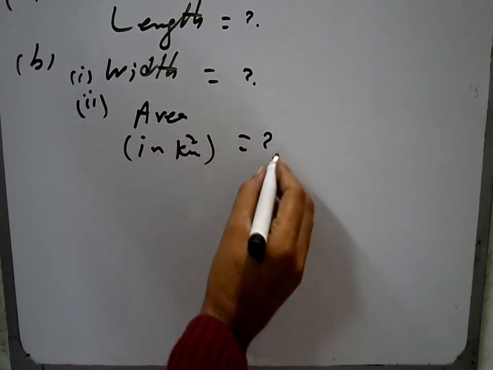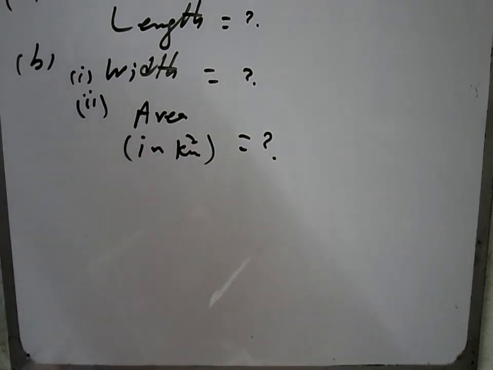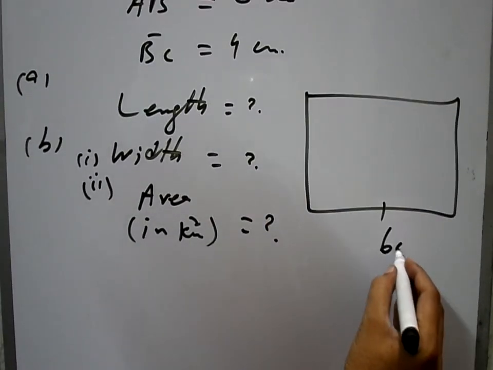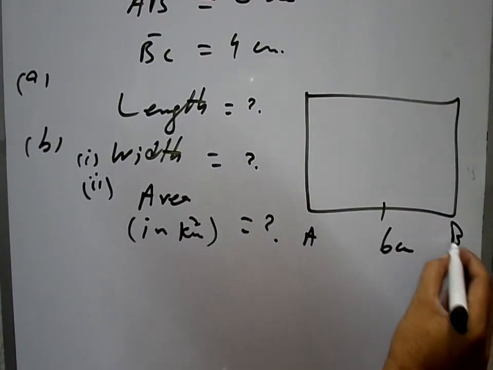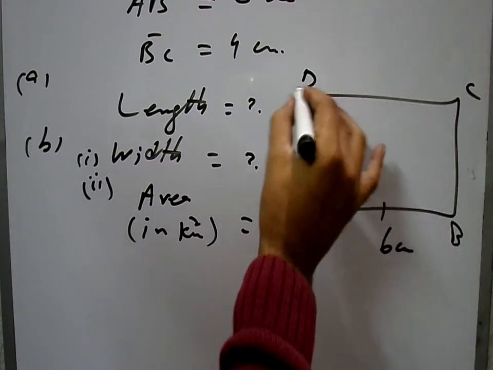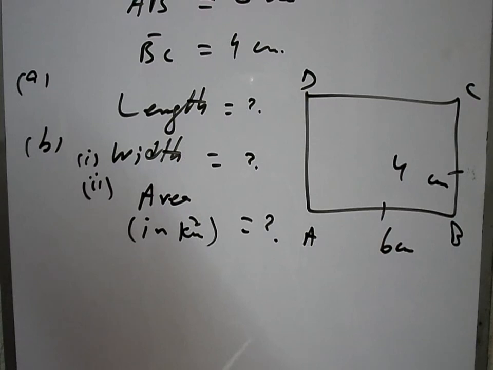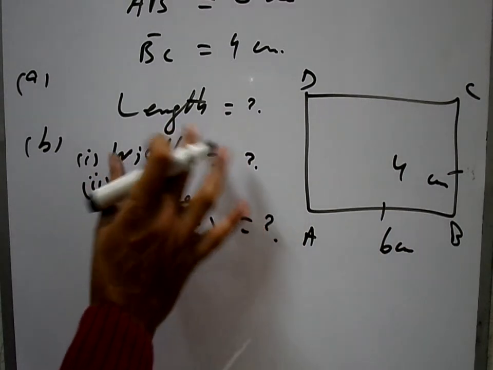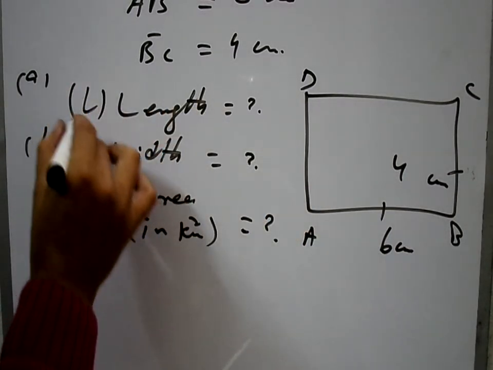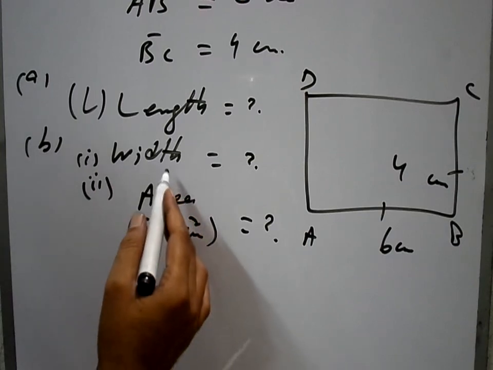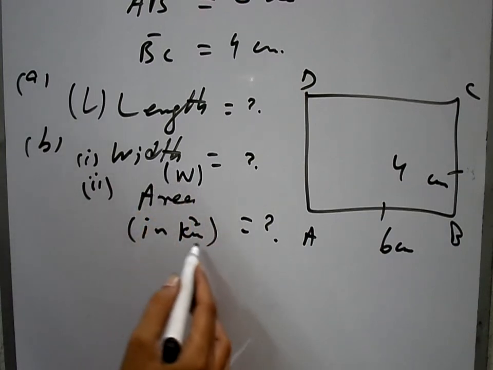We have to draw the diagram, you can see it is given in your textbook, that is ABCD.